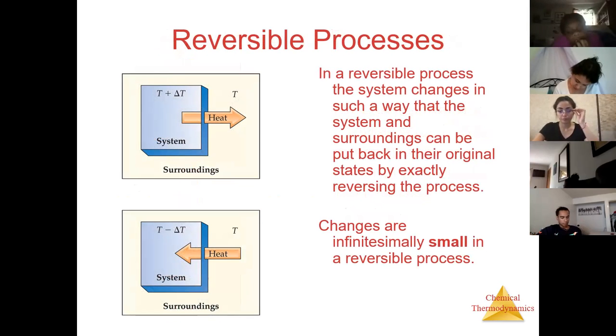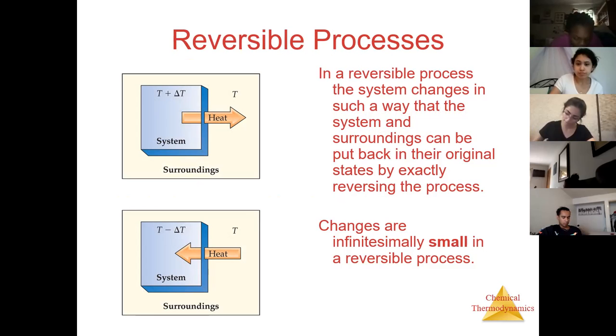So we have to talk about reversible processes. In a reversible process, the system's going to change so that the system and the surroundings can be put back into their original states by exactly reversing the processes.